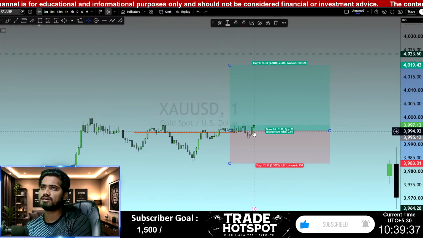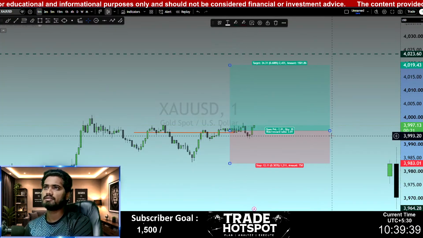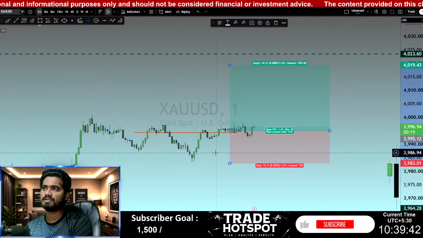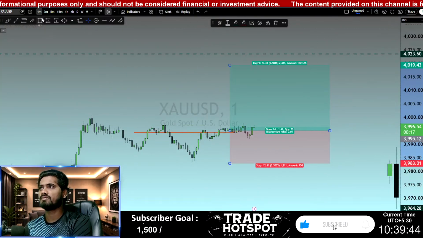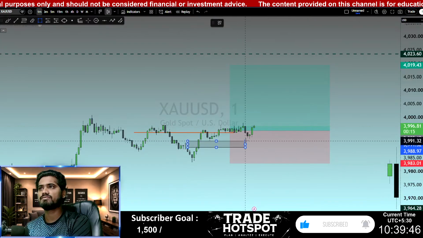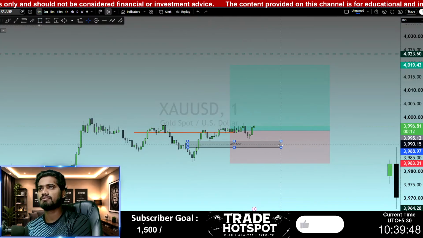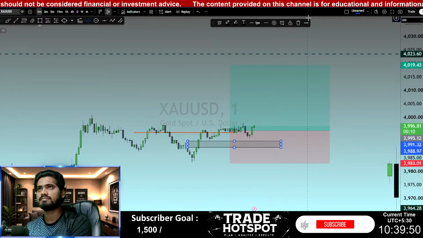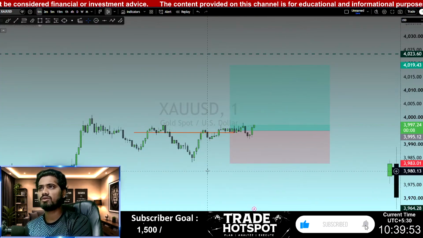This is the right place where you can take an entry. In the 1-minute chart there is a fair value gap right here, so it can be a small trade.